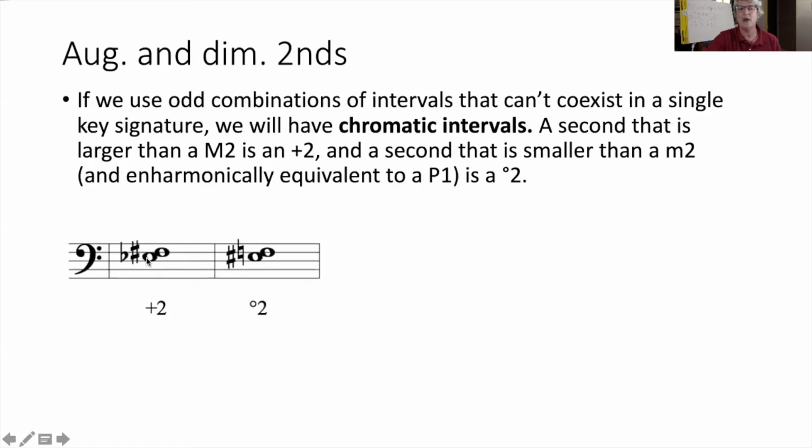It is enharmonically equivalent to the minor third from E flat to G flat, but in order to accurately identify it, we have to say that it's a second, and it's an even bigger second than a major one, therefore it's augmented. And the E sharp and F natural are so close together that they're really the same note, but because the size is a second spanning 2 letter names, we need to call it a diminished second and not a unison.